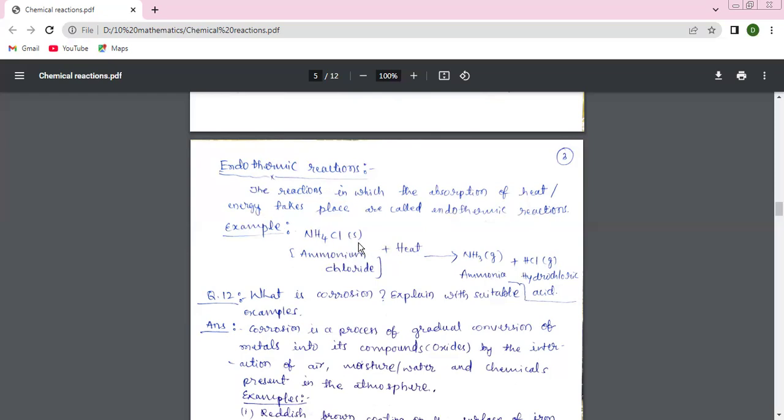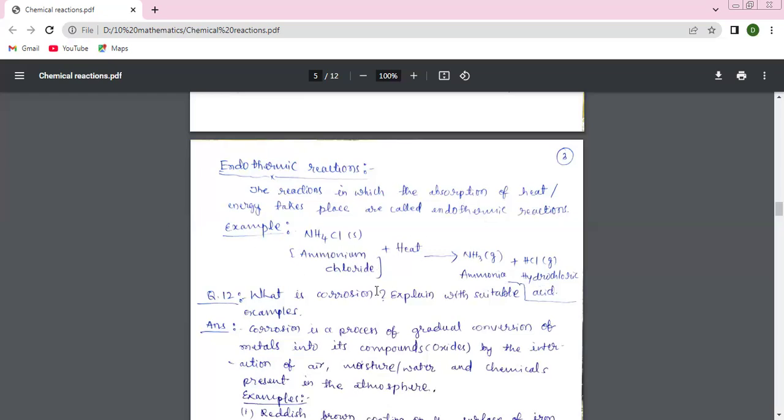You can see here NH4Cl, ammonium chloride in solid form, plus heat is absorbed in this chemical reaction to make the products NH3, which is ammonia, and hydrochloric acid HCl is also formed. So this is an example of an endothermic reaction where absorption of heat energy takes place.